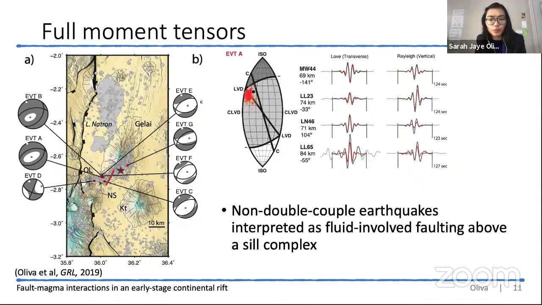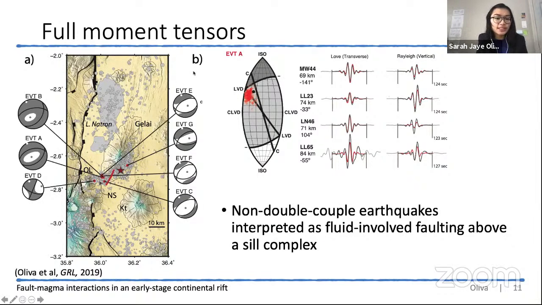So I performed waveform modeling on the biggest earthquakes, magnitude greater than 3.5, as recorded by the CRAFTY array, the local array in 2013 to 2014, to study their source mechanisms, which are represented here on this first plot as the beach balls.